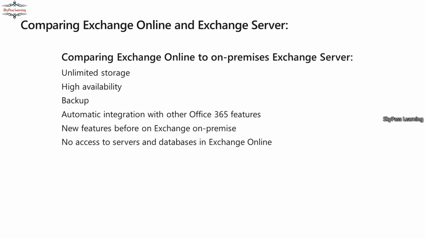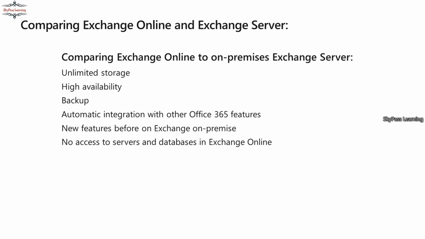Microsoft Office 365 or Exchange Online has automatic integration with your Teams, SharePoint, and all other Office 365 features or applications. So that is an automated integration. If you are configuring it on-premises, you have to do it yourself. New features are available at the time of release.